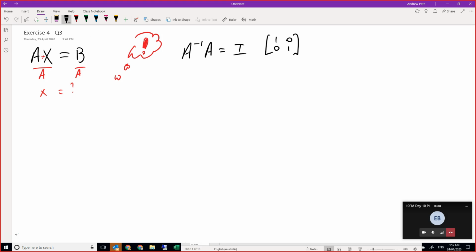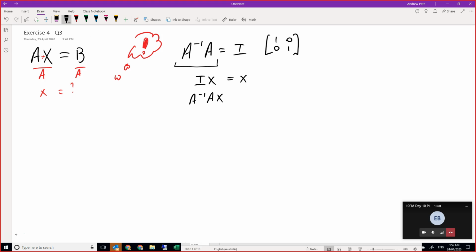If I multiply the inverse of A by A, I get this identity matrix. If I multiply the identity matrix by some other matrix, then what I'm actually going to get is just left with that matrix.